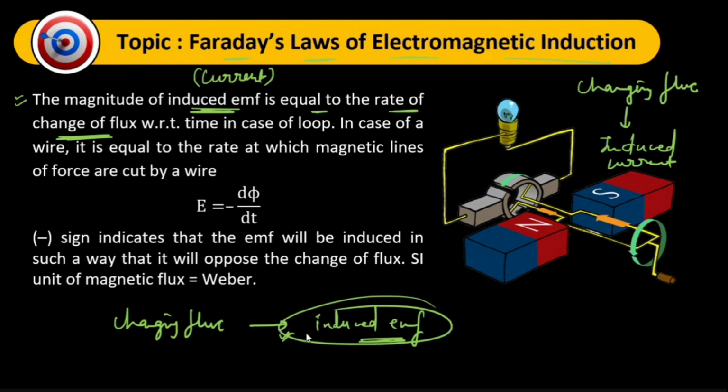In dams, we are able to generate electricity because the water falls on the turbines and the turbines move, and because of the movement of the turbines, the magnetic flux changes. That changing magnetic flux is responsible for the production of EMF, and that EMF can further be written as E = IR.